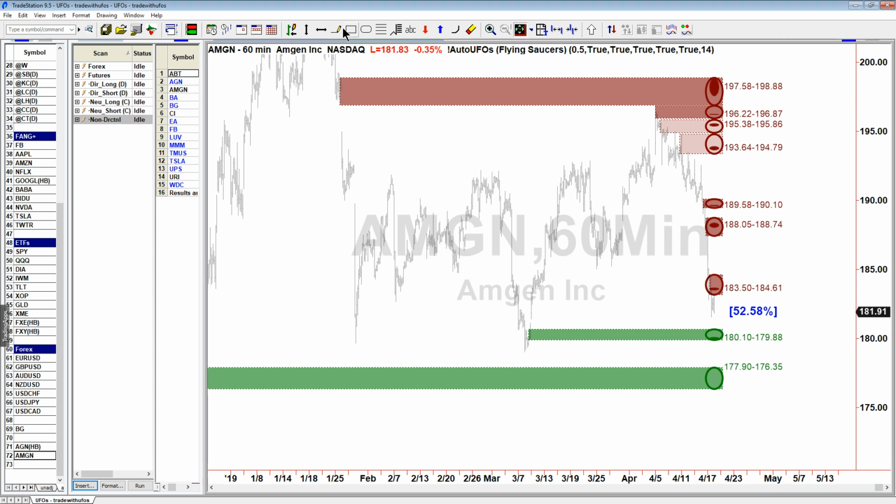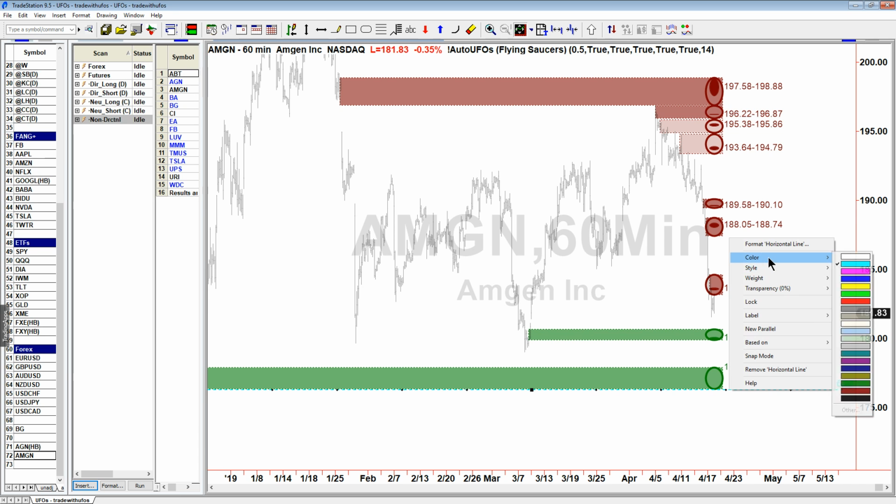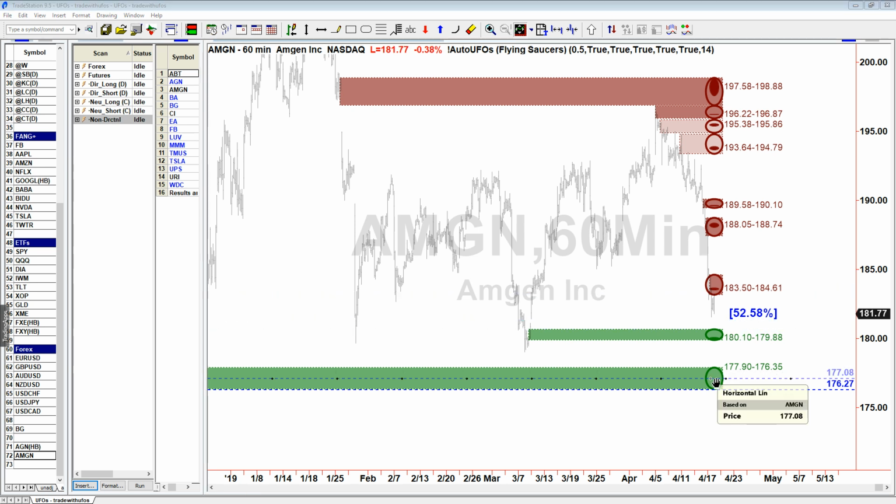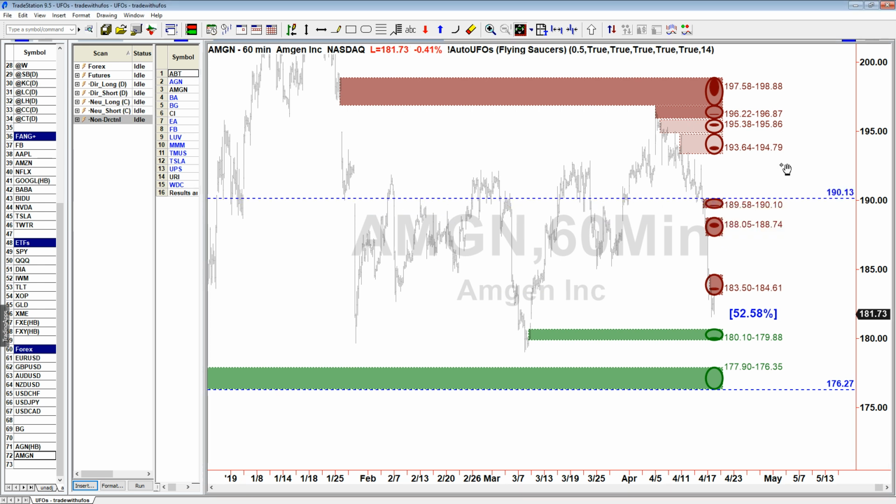And what we're going to do is draw a line below those UFOs. Okay, so the first expectation would be not to reach below the bottom green UFO anytime soon, and the second one would be not to reach above the red UFOs anytime soon. And to be honest, if we did it like that, we may be a little imbalanced.